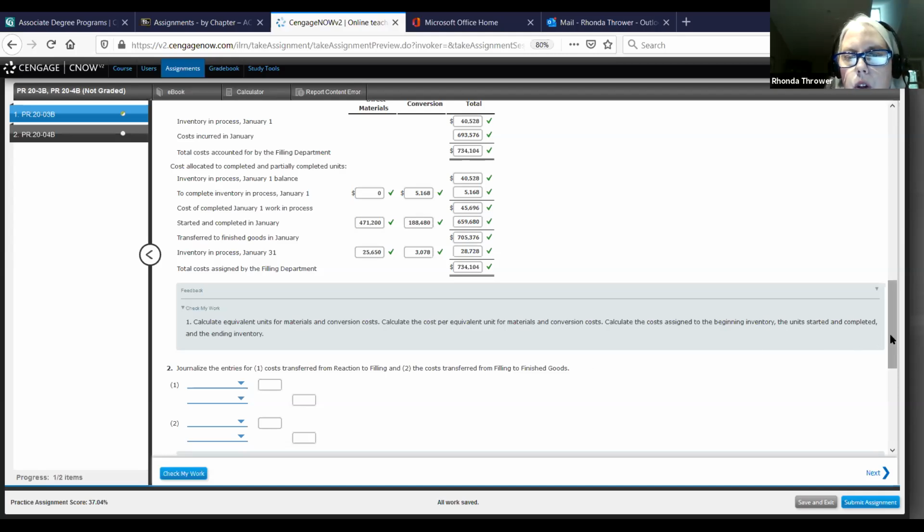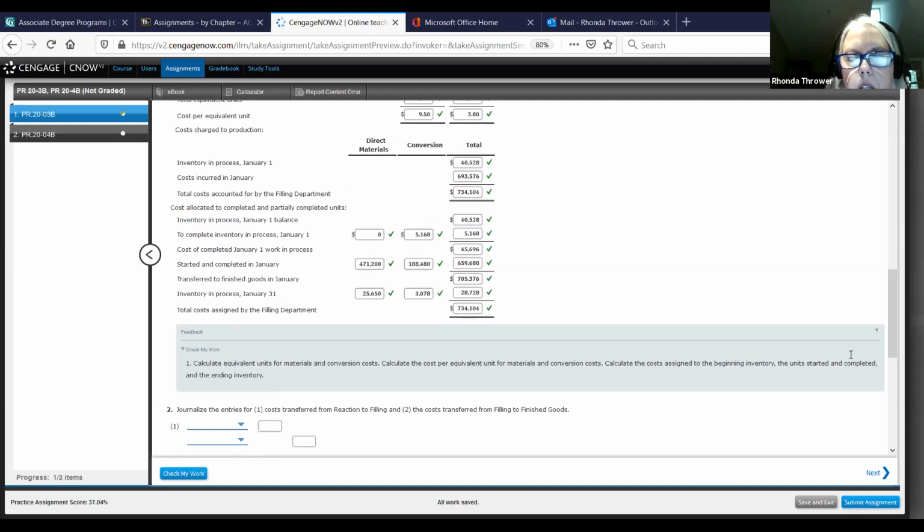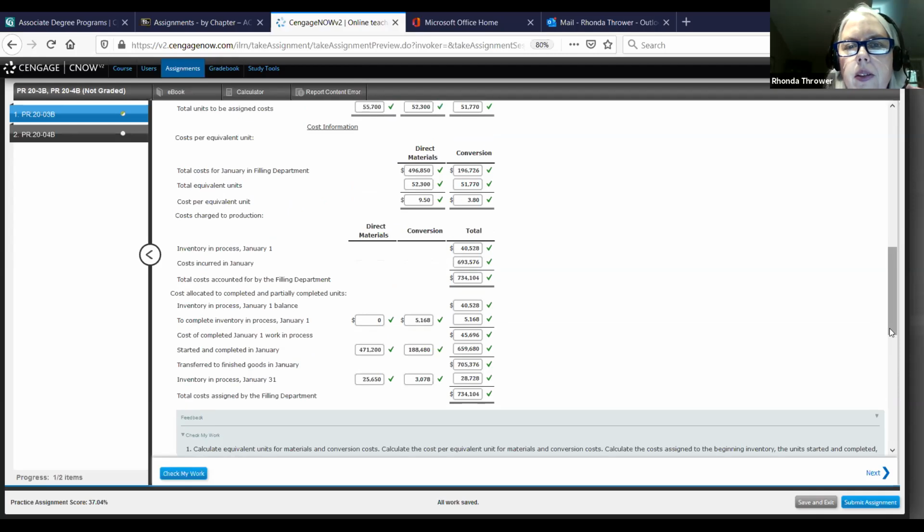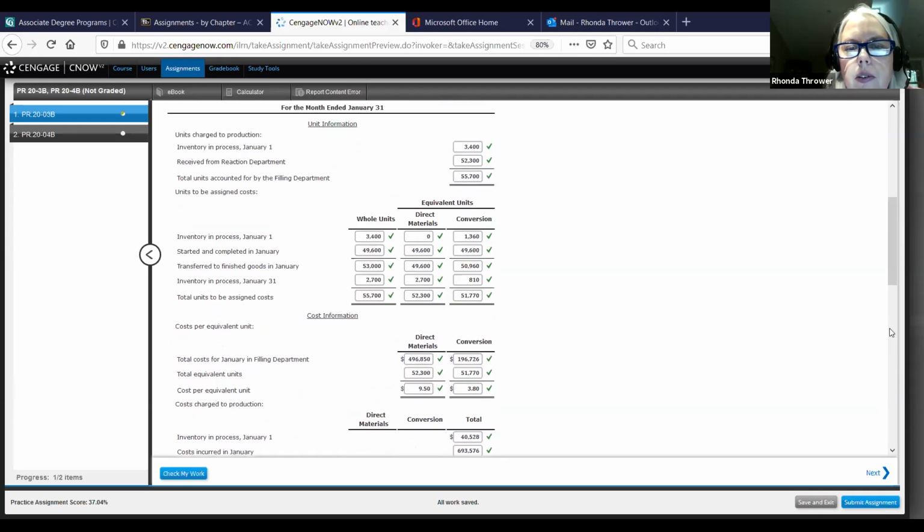And what I want to do is share with you an Excel spreadsheet that I made up for the second part here, so you'll understand how to do these journal entries. A lot of times students have questions about these journal entries.